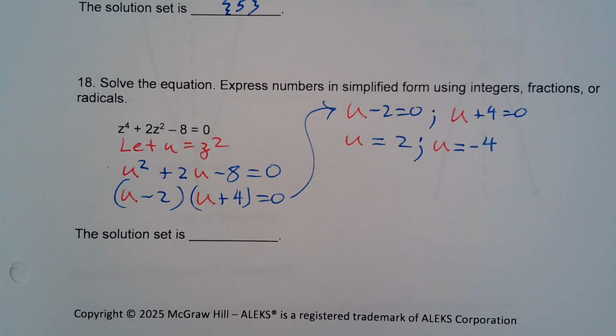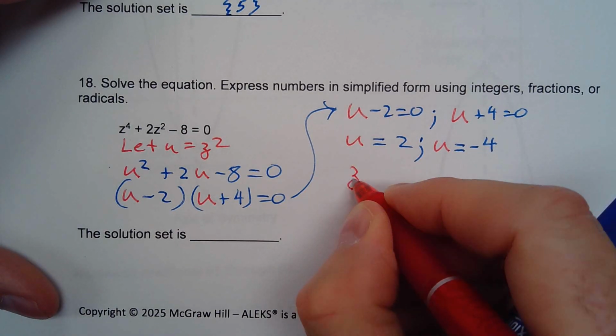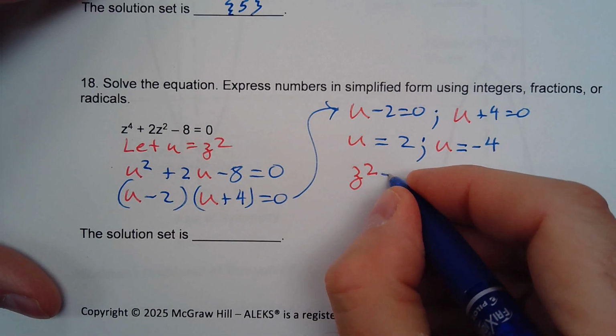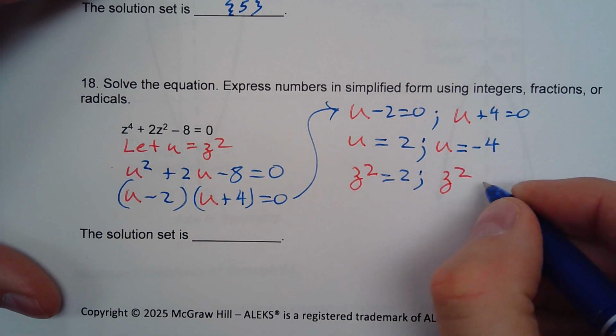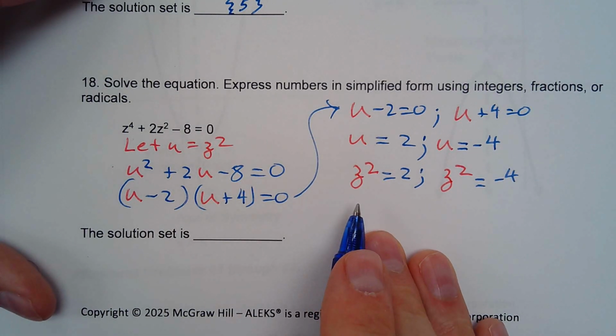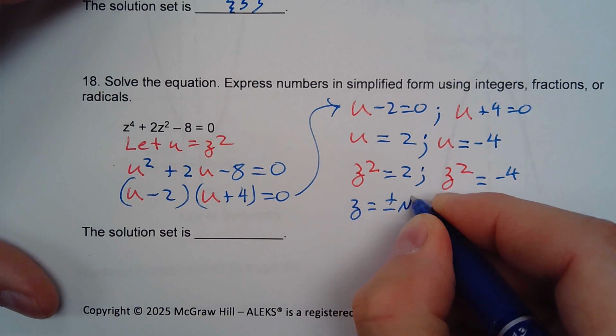Now remember that u is the same thing as z squared, so now I'm going to plug that back in. And then I'm going to use my square root property to solve for z. So here I'm going to get plus or minus the square root of 2.